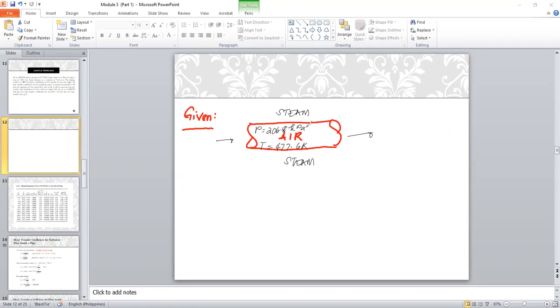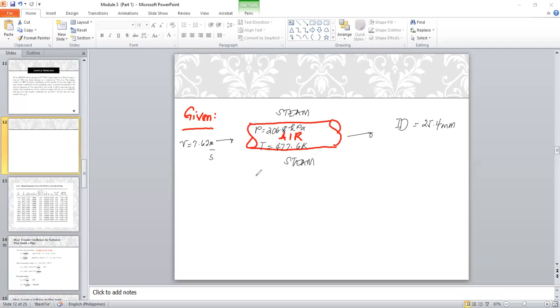That's for the air inside the pipe. Then the inner diameter of the tube, so I will have ID here, is 25.4 mm. The velocity of air is 7.62 meters per second.